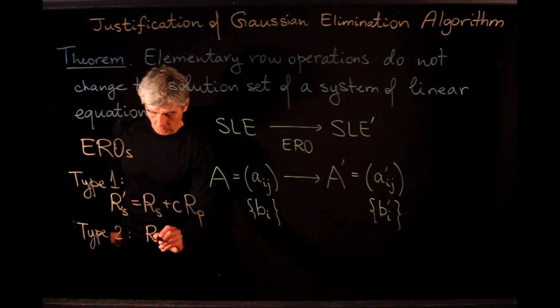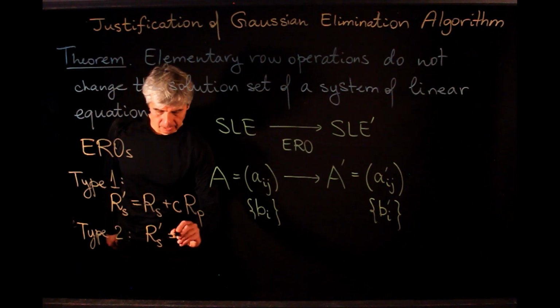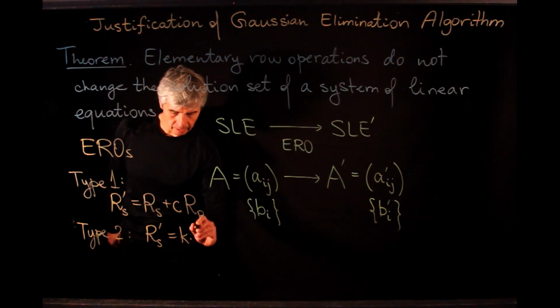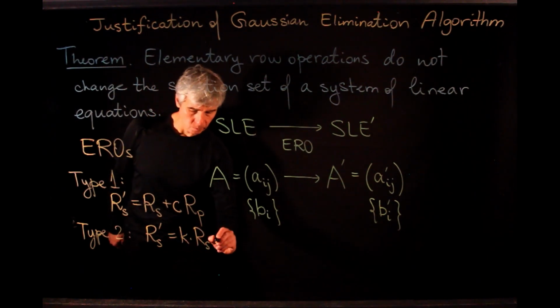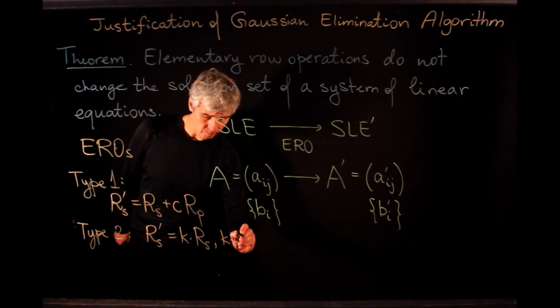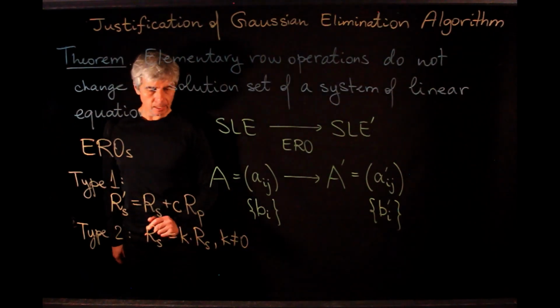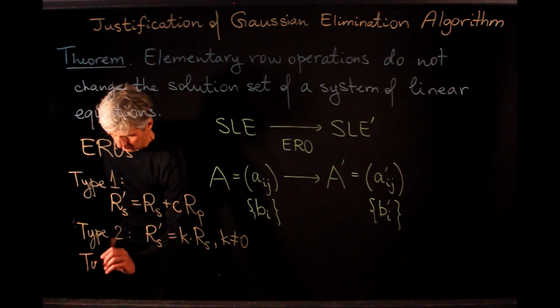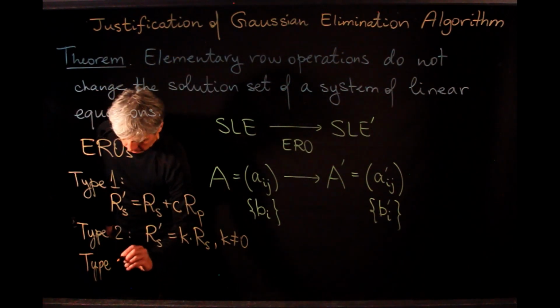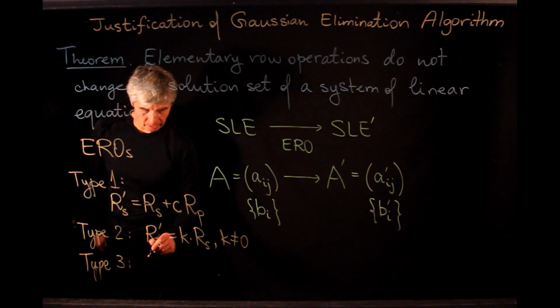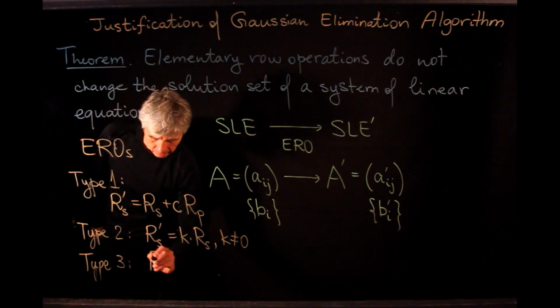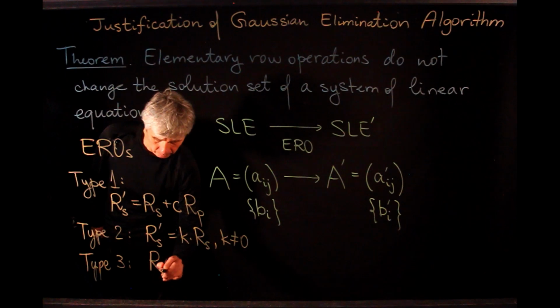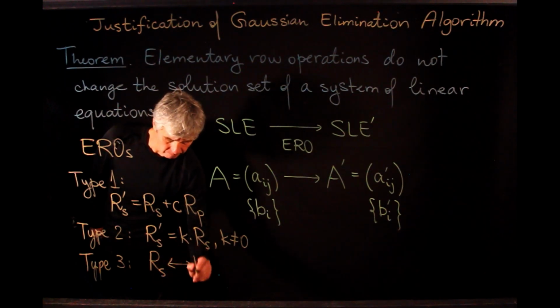So we say row S prime is K times row S, where K is not equal to 0. And finally, type 3 is when we take two rows and interchange them. We'll write it like this.